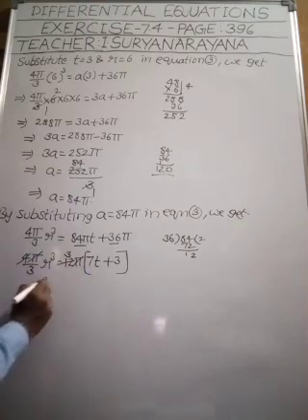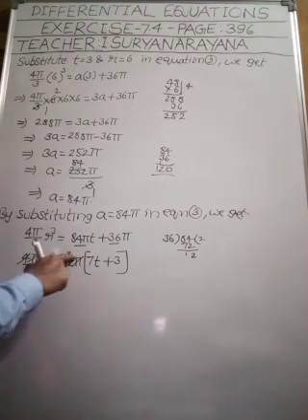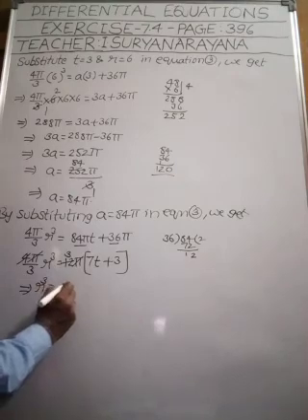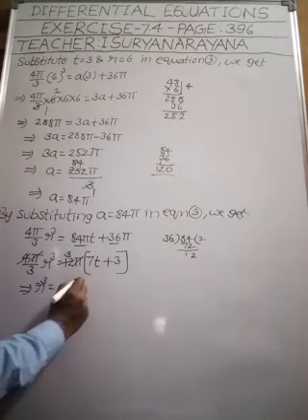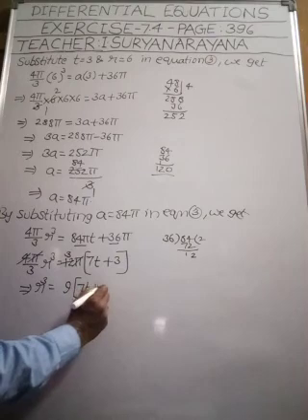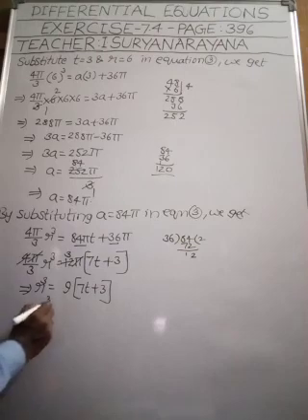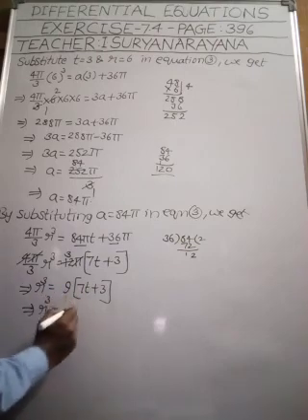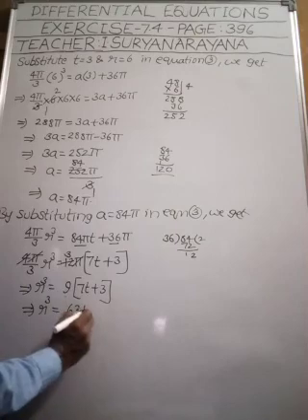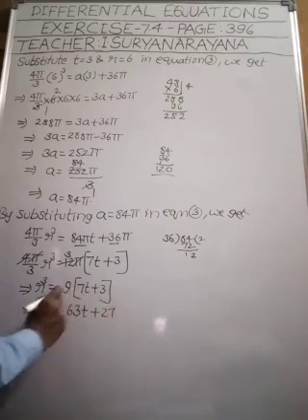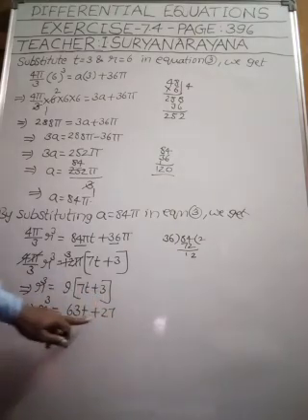So r³ is equal to, let us transpose this 3 to that side, so 9 into (7t plus 3). This implies r³ is equal to 63t plus 27. By the distributive property we get these two terms.